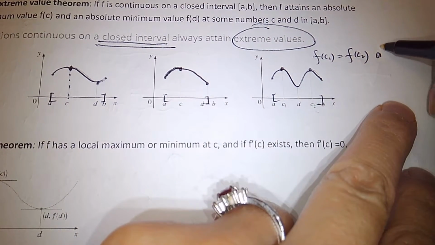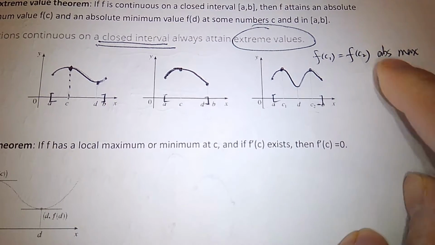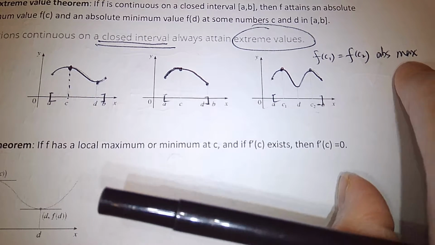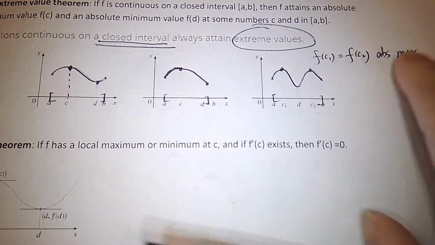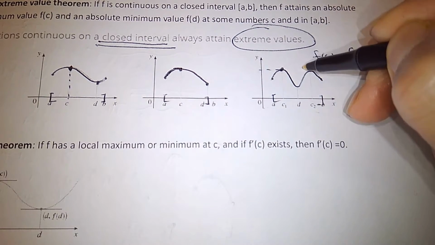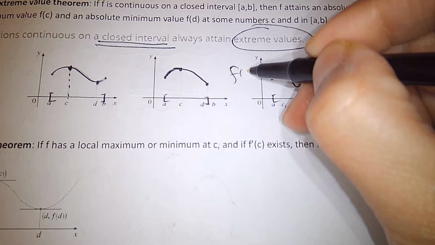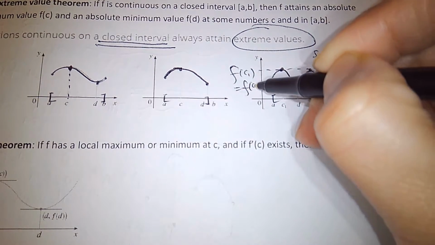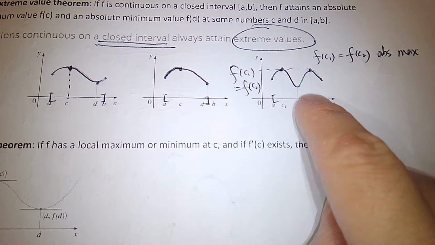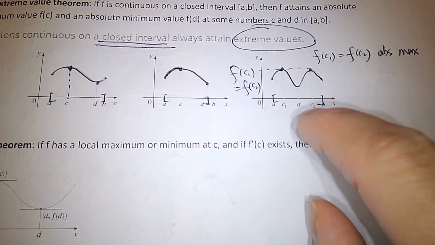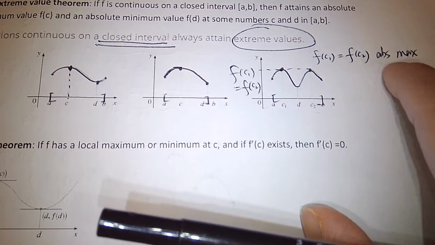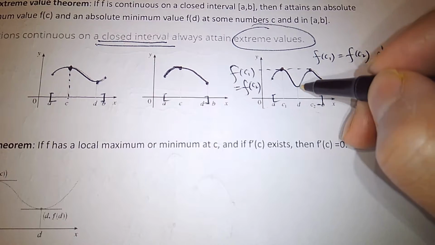It may occur at different places, but the absolute maximum value is unique because that's the highest value on the graph. However, this absolute maximum value may occur at different x values. See, f(c1) equals f(c2) equals absolute maximum.